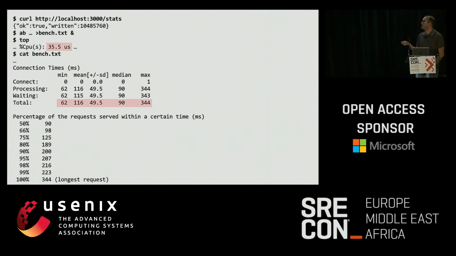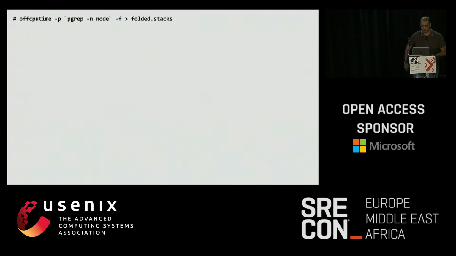Running the benchmark, I see only 35% CPU utilization. But my request rates are not what I would want them to be, so I'm getting responses in like my 90th percentile over here is 200 milliseconds, and I want to improve that. So I want to get faster responses, and I want to figure out what my process is doing if it's not doing lots of CPU work.